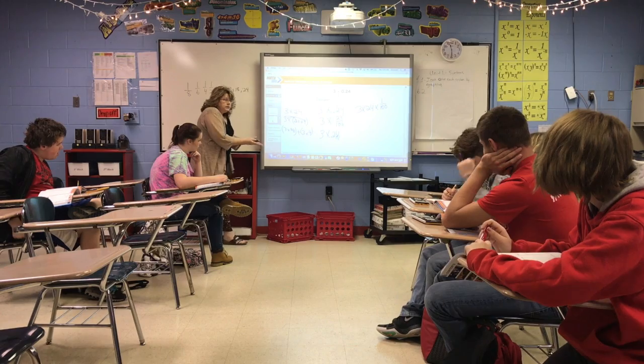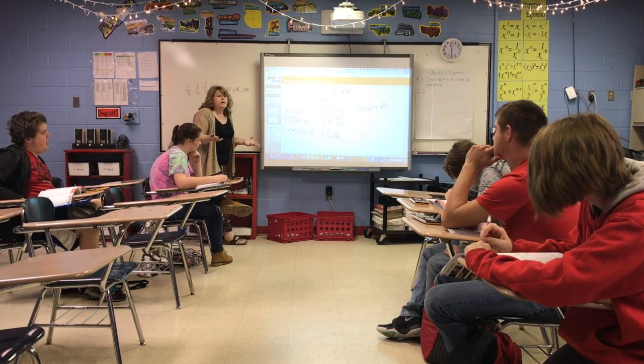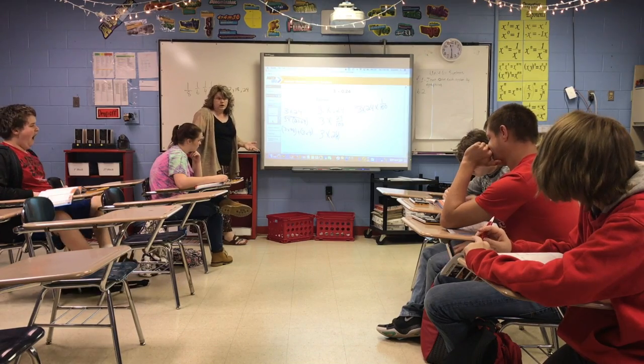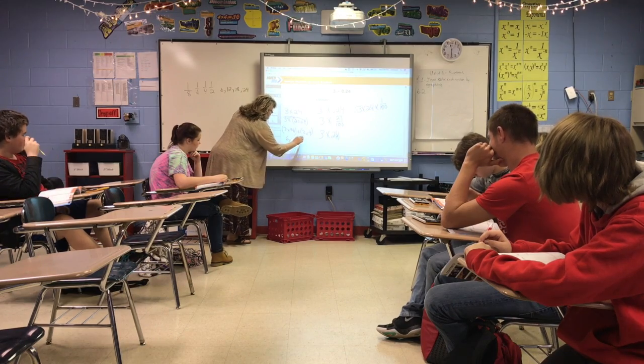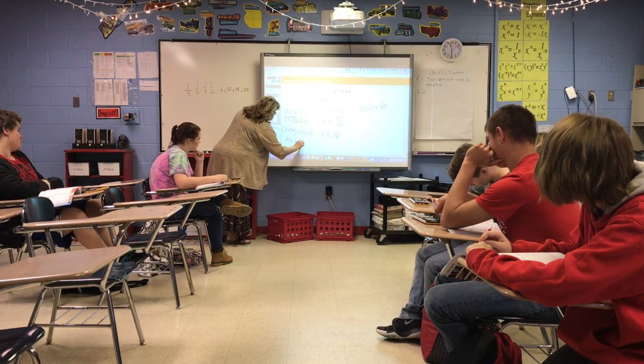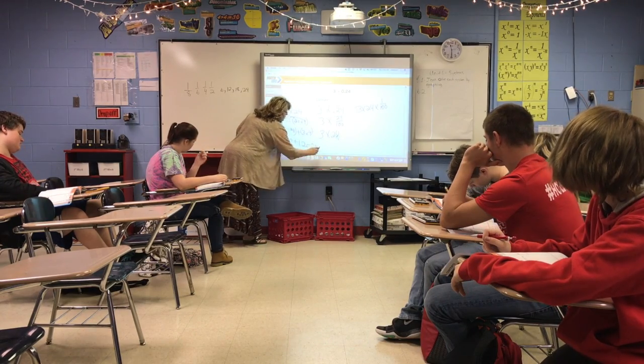That makes getting my total amount easier. Now, that is if you didn't have your calculator in front of you. 3 times 20 is 60, plus 3 times 4 is what? 12. 60 plus 12 is 72.